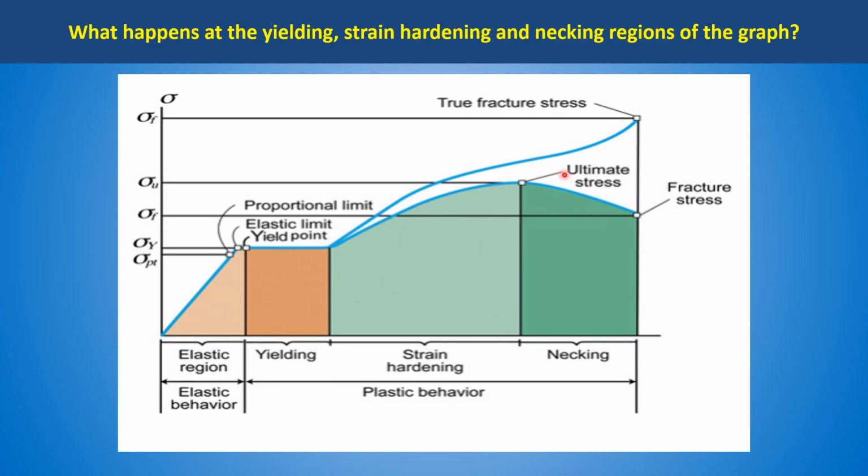Okay, reaching the ultimate stress. So what is the ultimate stress? The ultimate stress is the maximum stress that the material can sustain before fracture. And as you can see from here, the curve will start to move downwards to the fracture point.